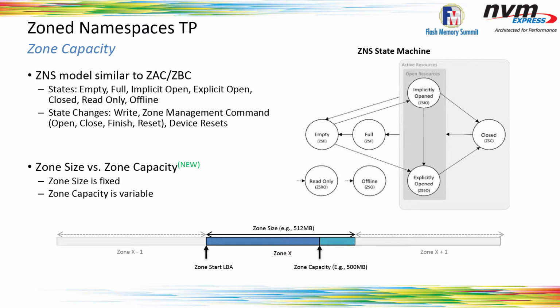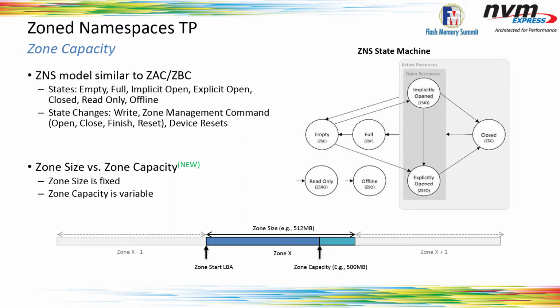So we have empty, full, implicit open, and explicit open. Implicit open is if you do a write to a zone, it just opens. And explicit open, as you might imagine, is when a command opens the zone. So we have a number of states, and state changes can be caused by write commands, zone management commands, or device resets.